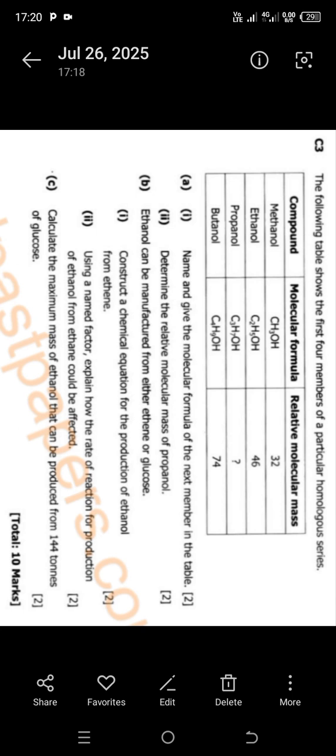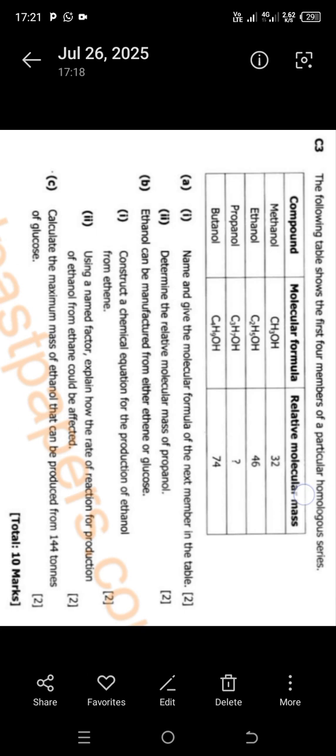The question reads: the following table shows the first 4 members of a particular homologous series. In the first row we have compound, molecular formula, and relative molecular mass. The compounds are methanol, ethanol, propanol, and butanol.